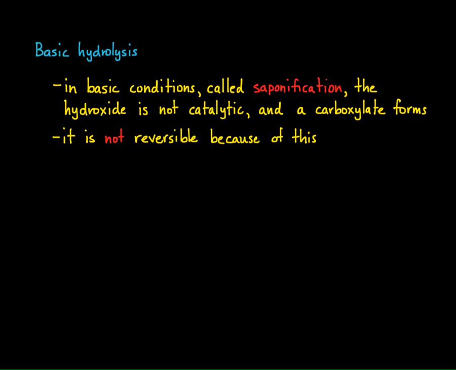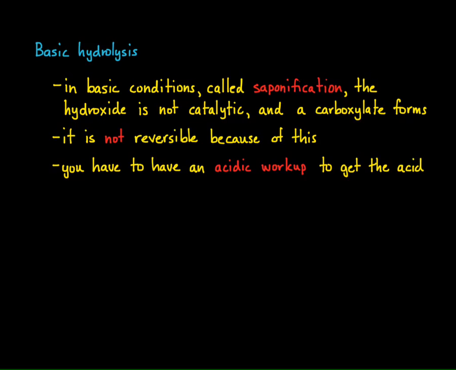Now, also because of this, I said it generates a carboxylate. So if you want a carboxylic acid, then you have to have an acidic workup to generate that acid.